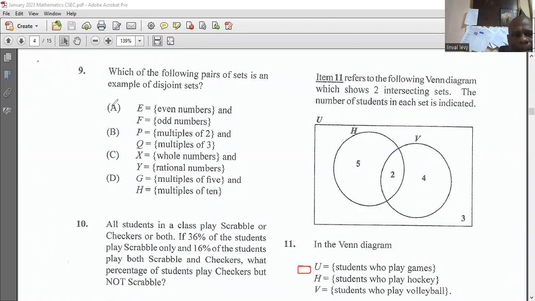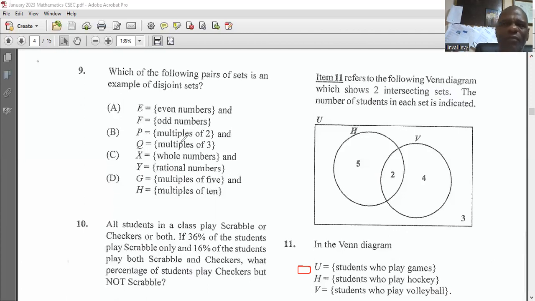Okay? Let's look at B just to make sure. Multiples of 2 and multiples of 3. Are any of the multiples of 2 also multiples of 3? Yes, because let's take 6 for example. Now 6 is a multiple of 2 and it's also a multiple of 3. So you'd have overlap taking place right there.